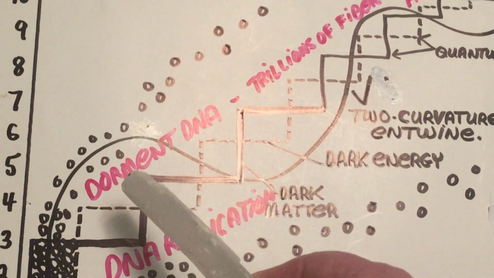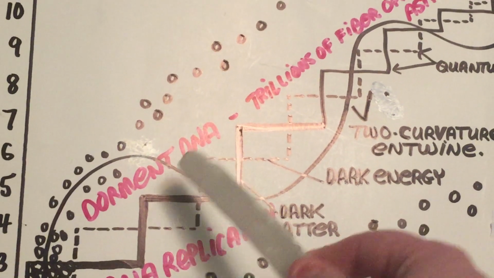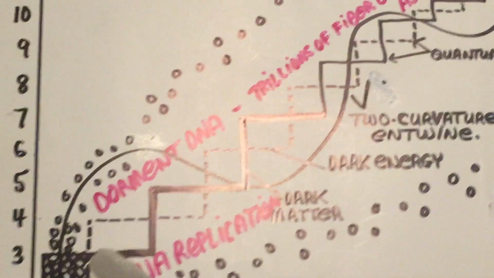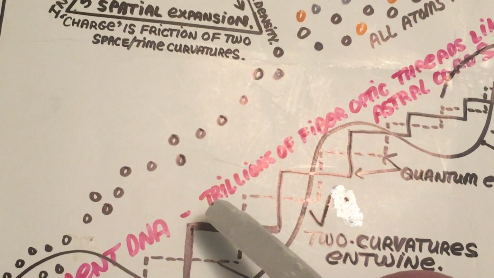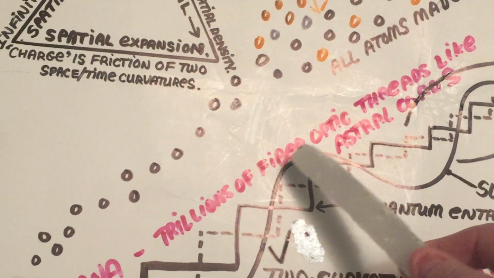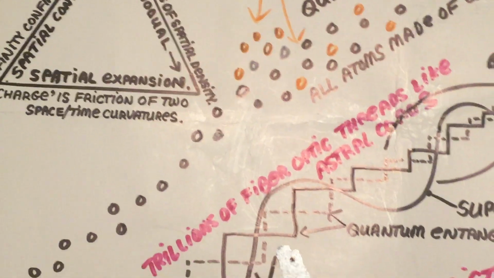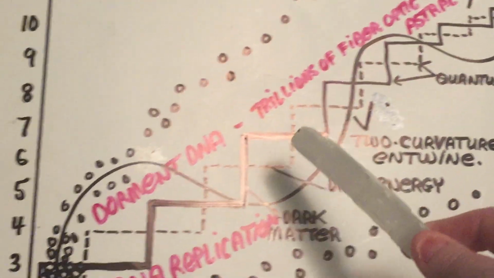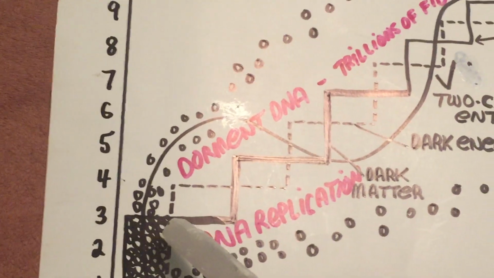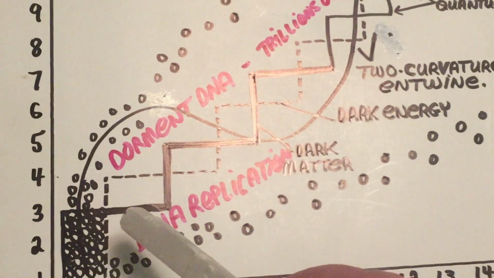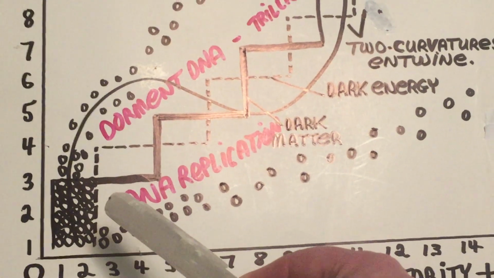It forms as dormant DNA in us. These are the structures of trillions of fiber optic threads, like astral cords, trillions of astral cords moving back from the infinite back into the infinitesimal of our cells.